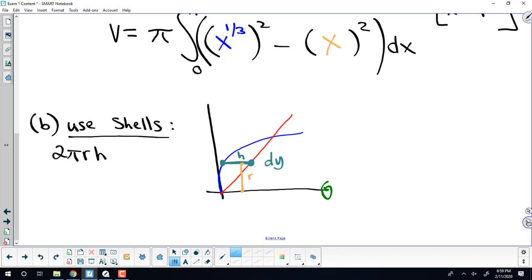Okay, so let's do it over here. Volume is 2 pi times the integral with respect to y. Well, we already said what r was. r was just some distance y, right? Some y value minus 0. 2 pi times r. What is h? Right minus left, which is y minus y to the third.